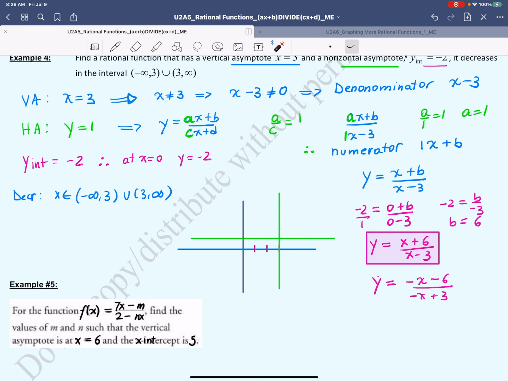So this function will be decreasing all the time, which means that the function is going this way around. Okay, so if the function is going this way around, that means that for x values bigger than 3, the y values must be positive. And it seems that in our case, the function will be going this way.